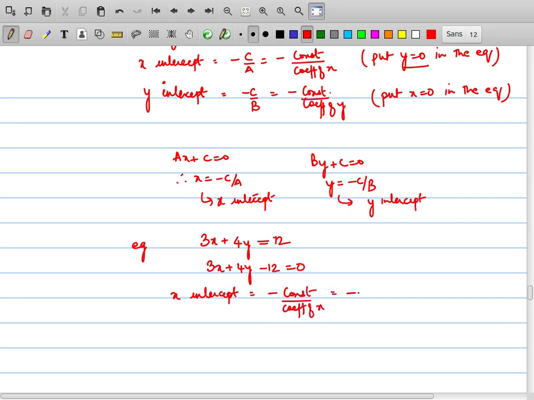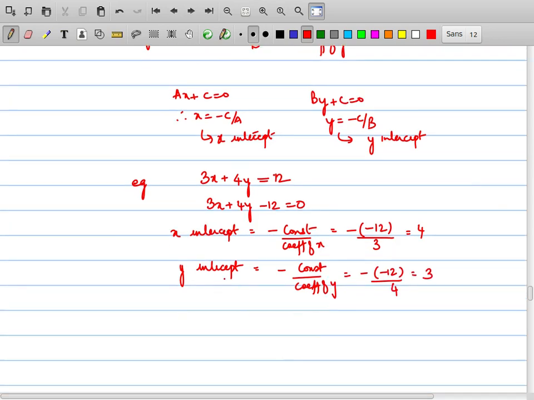Minus constant part is minus of minus 12, and the coefficient of x is 3. So therefore this gives you your x-intercept as 4. Similarly, what is your y-intercept? The y-intercept is minus constant upon coefficient of y. Therefore minus of minus 12, and the coefficient of y is 4. So therefore you get 3. This is one way of getting the answer.